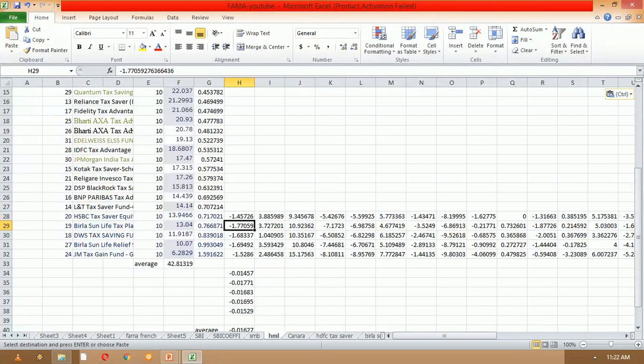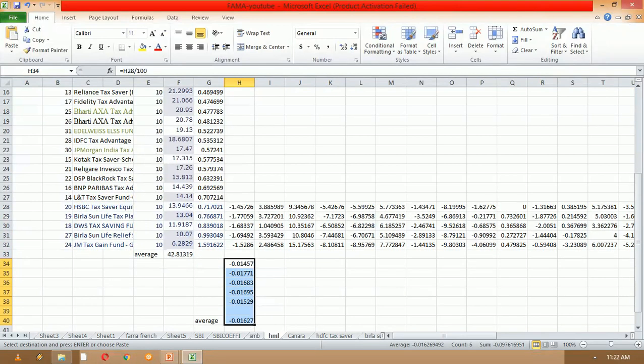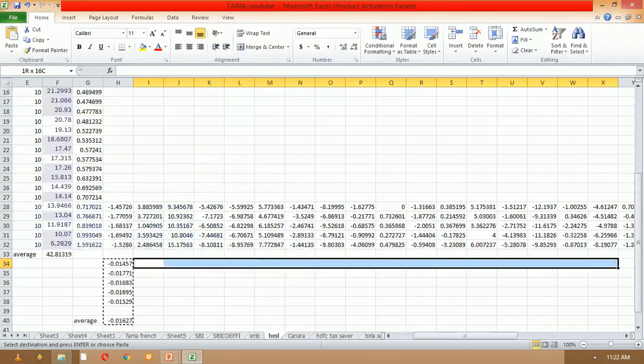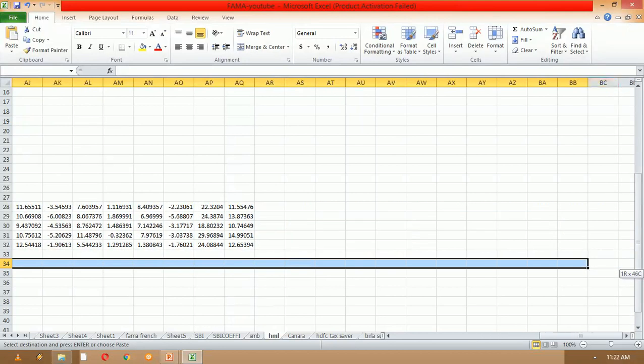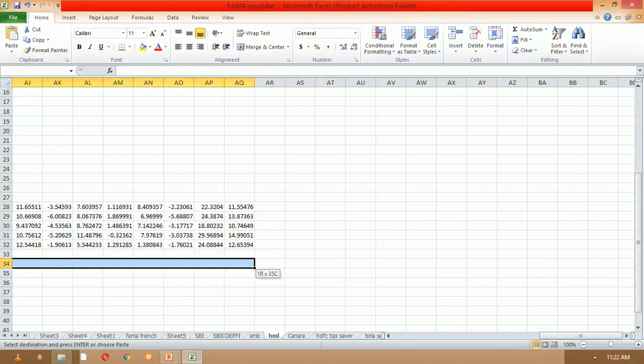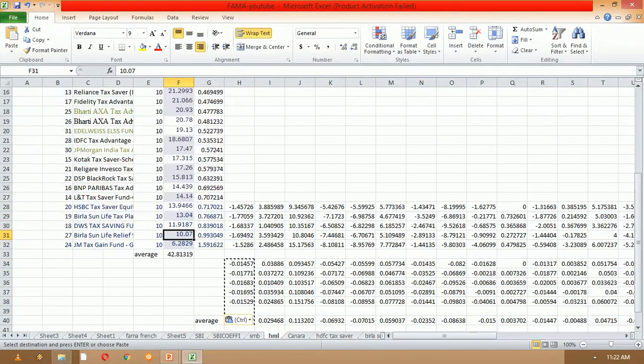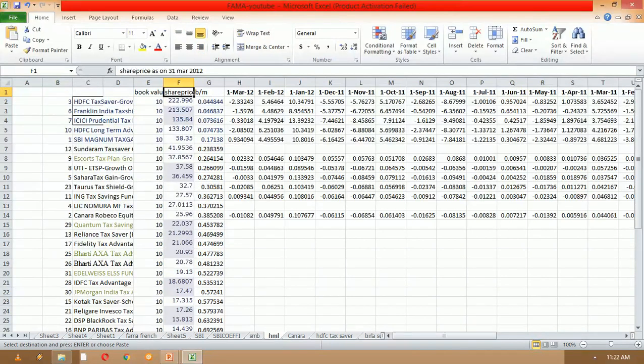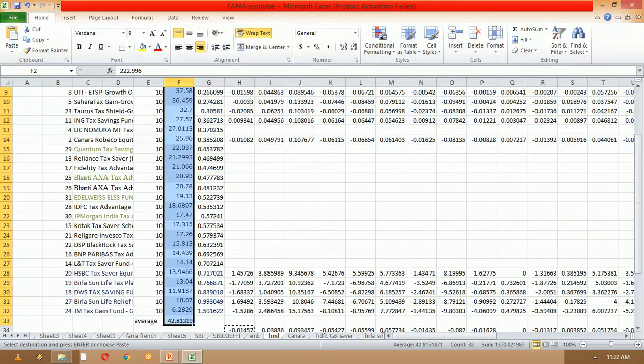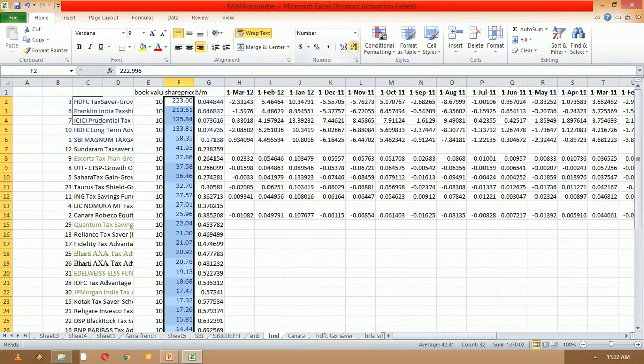This can be converted into values here. Right, copy and paste it. Right, see, you just look at the asset price. So this is higher performing to lower performing.